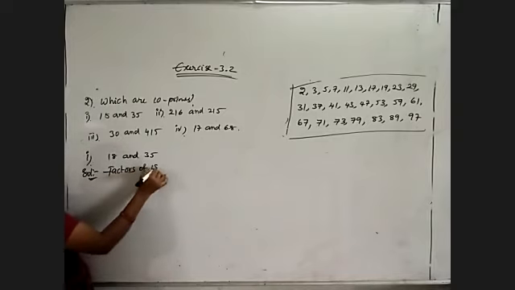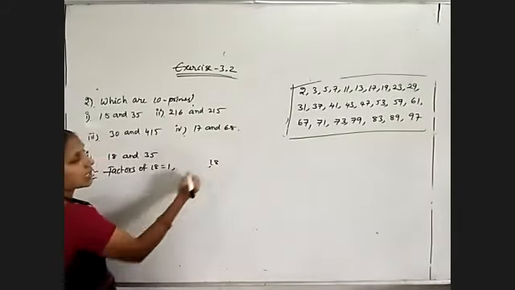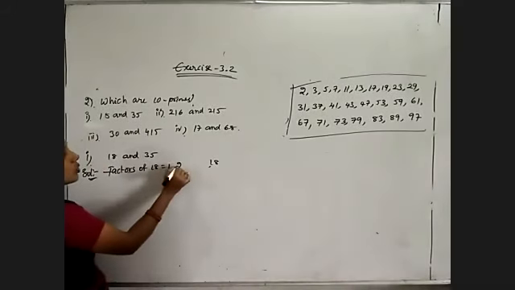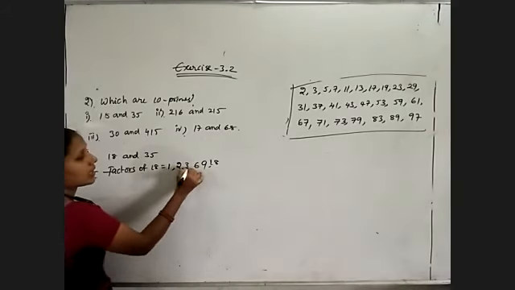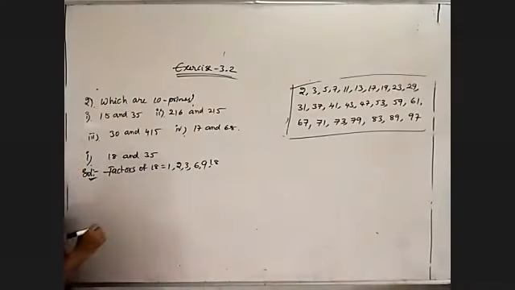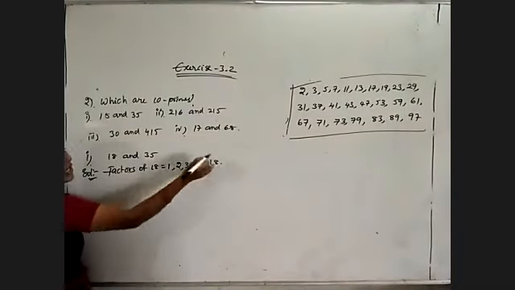Factors of 18: 1, 18; 2 9s are 18; 3 6s are 18. The 4 table and 5 table we will not get, 6 already came. These are the factors of 18.